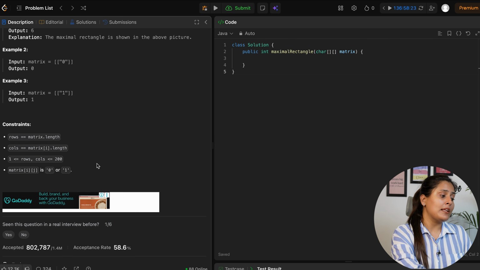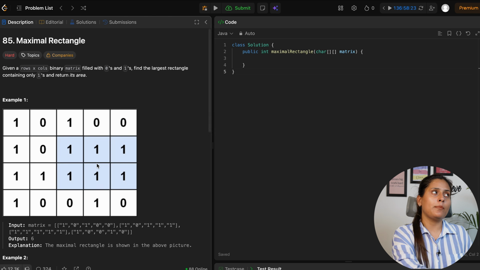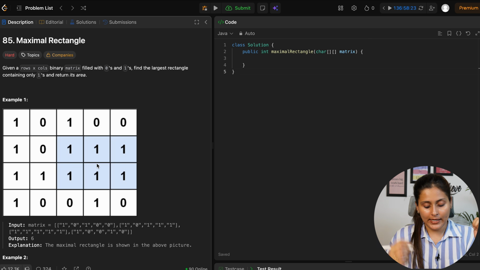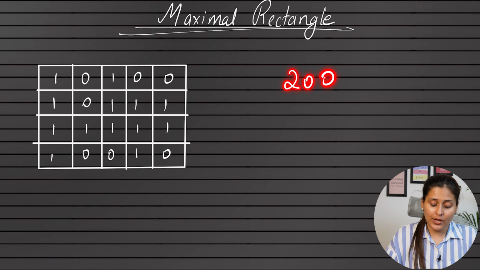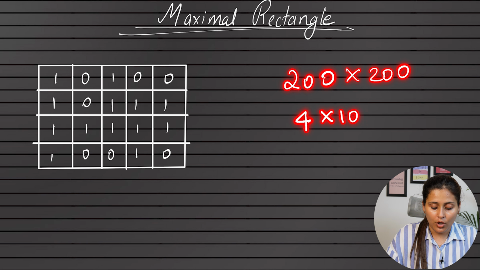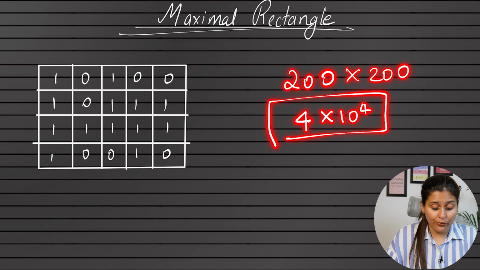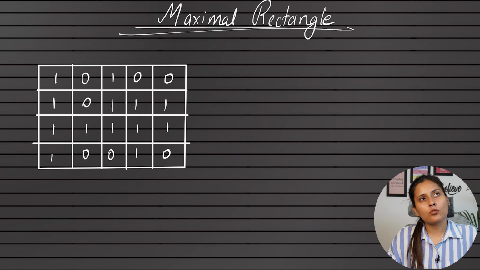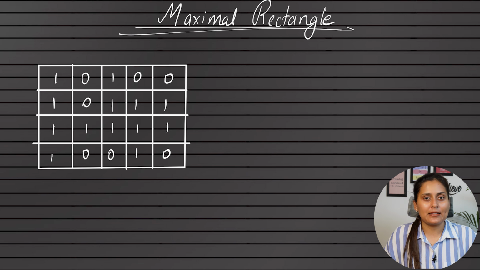Here the row and column length is given as 200, so 200 multiplied by 200 will become 4 into 10 power 4, correct? So n is 4 into 10 power 4, meaning an n square code will somehow get submitted, but we have to optimize it. Let's see how.